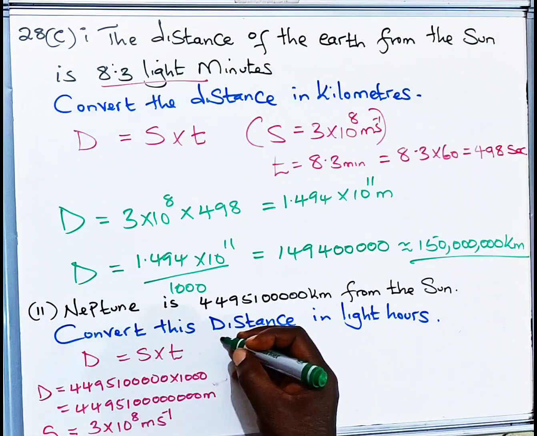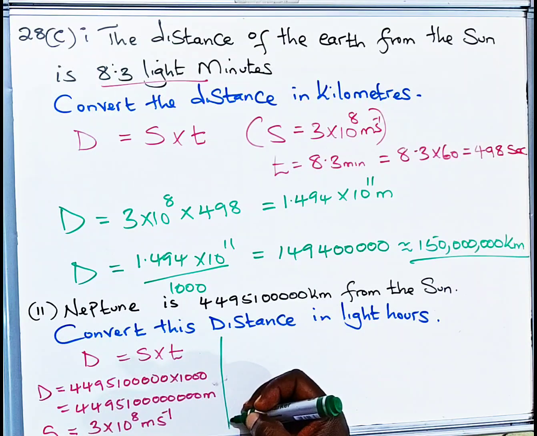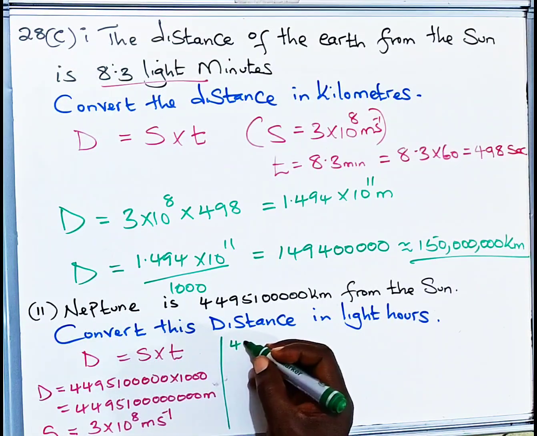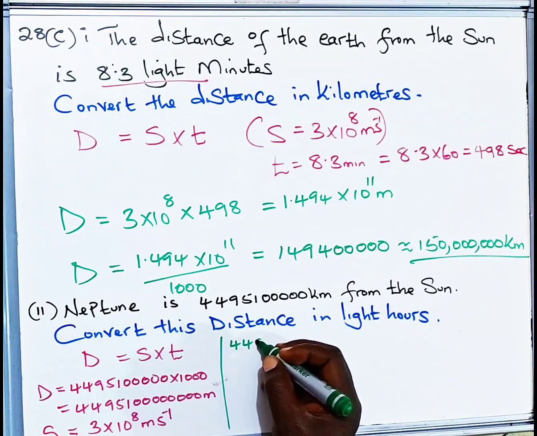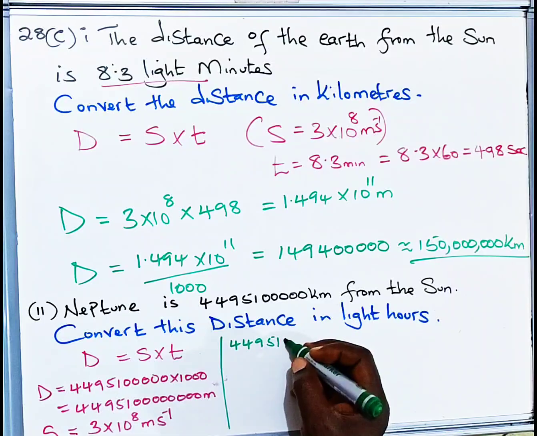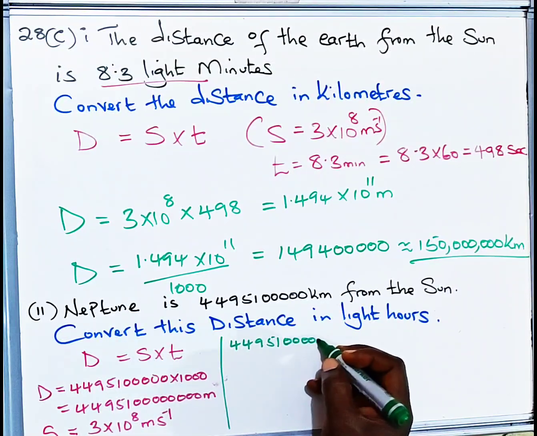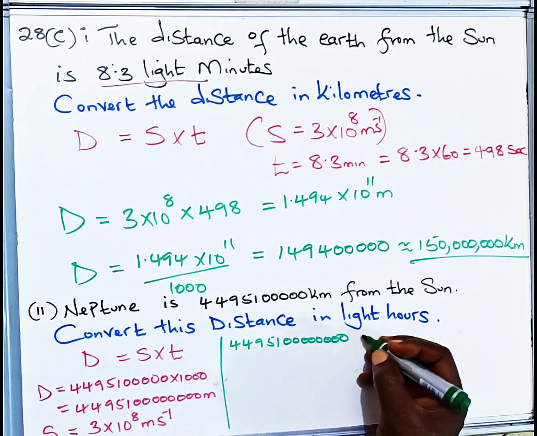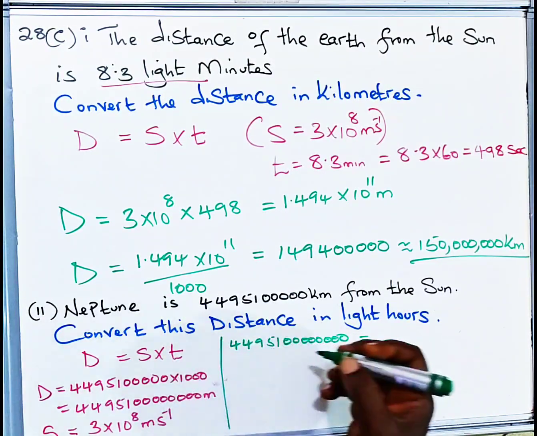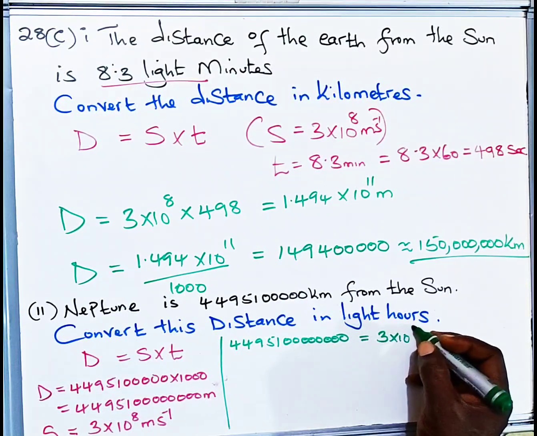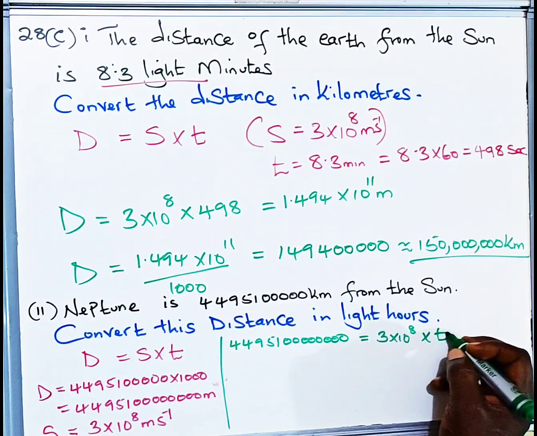What is next? Next is to substitute. You substitute for distance, which is 44951, then 0, then 0, like that. And you substitute also for speed, which is 3 times 10 power 8, then times time.